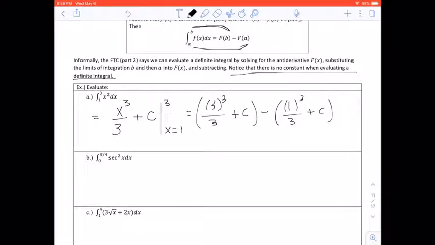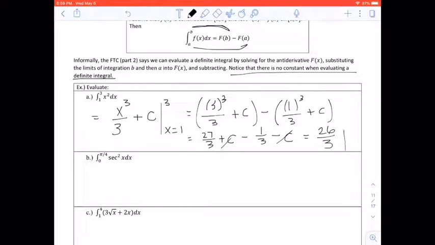And now you will notice why we don't need the c in there, because when we simplify this, we have 27 over 3 plus c minus 1 over 3 minus c. And with these c values, that just equals 0. They cancel each other out. Then we have 27 over 3 minus 1/3 is 26 over 3.